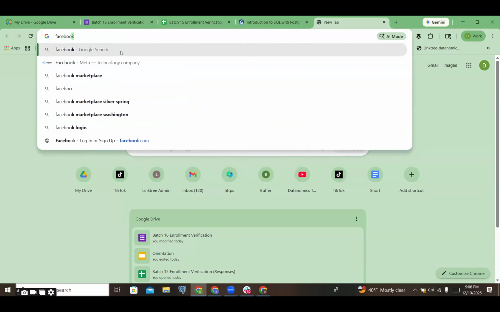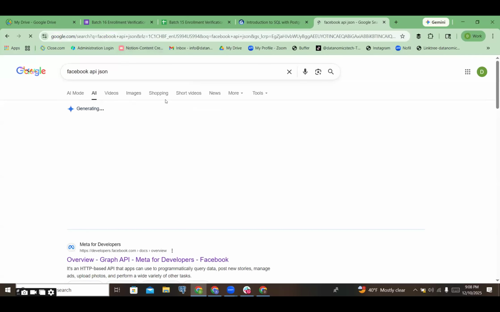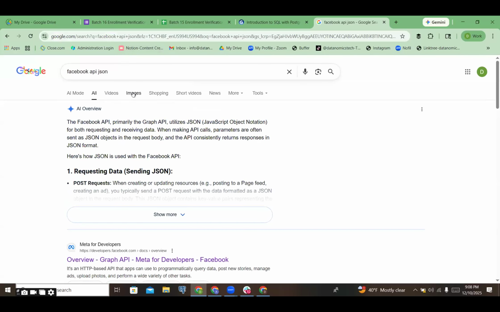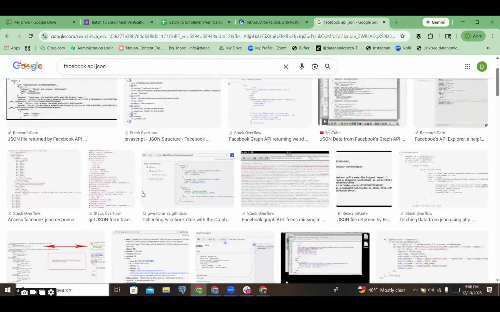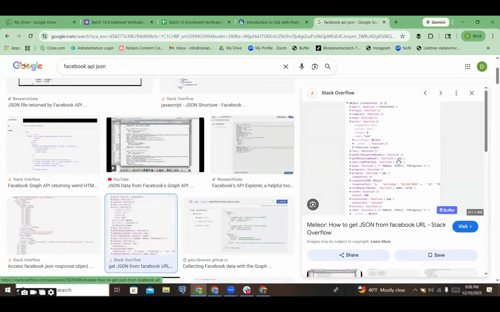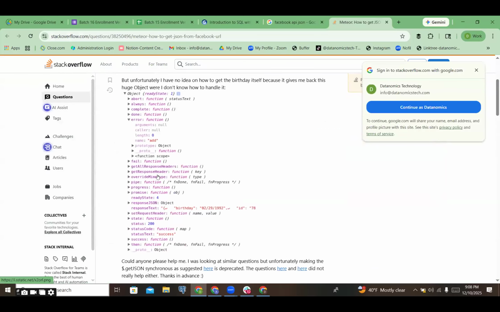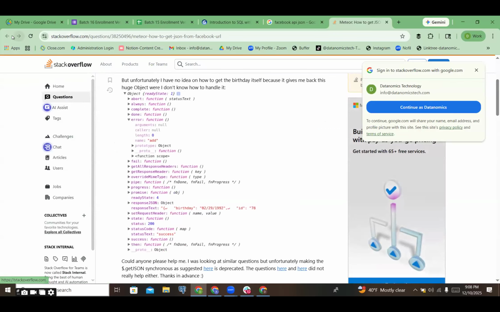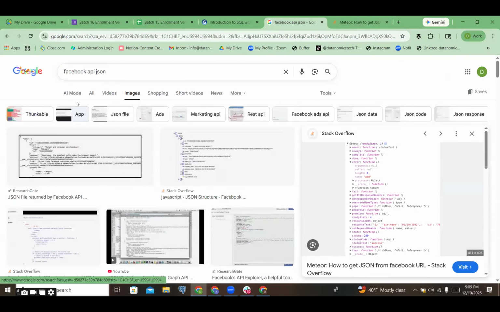So, Facebook API. Facebook actually stores our information in this kind of format. Okay, let's go back. Let's find something more readable.